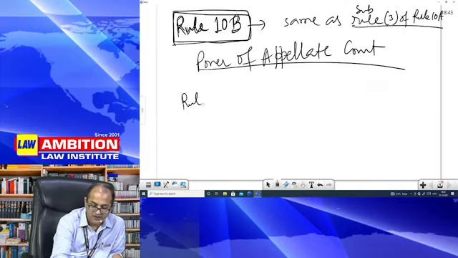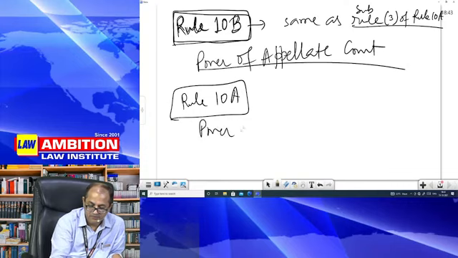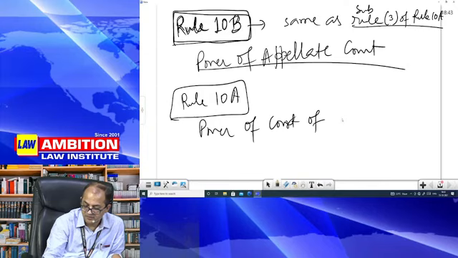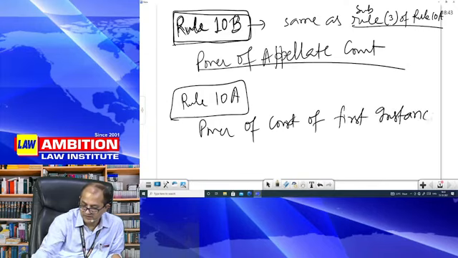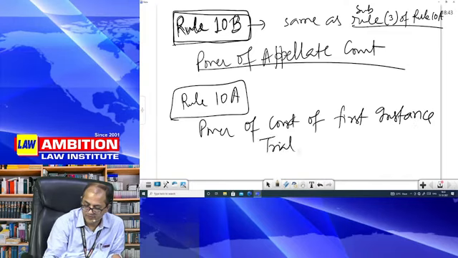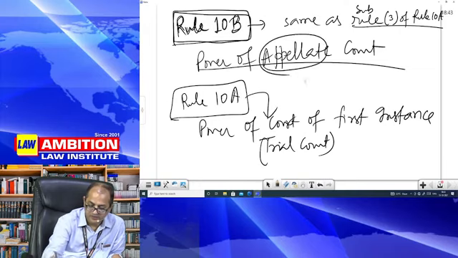So rule 10 is power of court of first instance. First instance means where you will go in first stage, that is trial court. So this is trial court and this is appellate court.